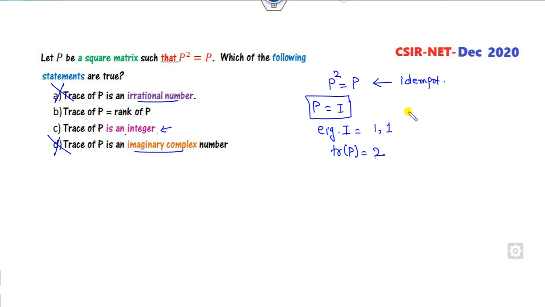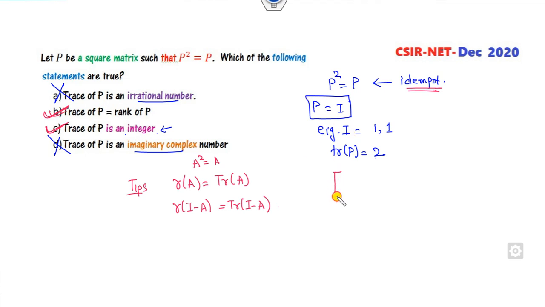So look at that. One simple tip for you: whenever there is an idempotent matrix, the rank of A is the trace of A, and A square is equal to A. Moreover, the rank of I minus A is the same as its trace. So you can see that trace is an integer, satisfied. Trace is rank is also satisfied.